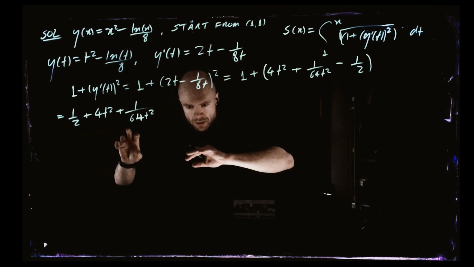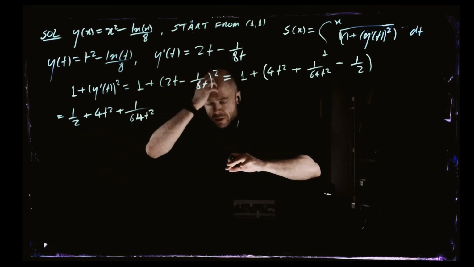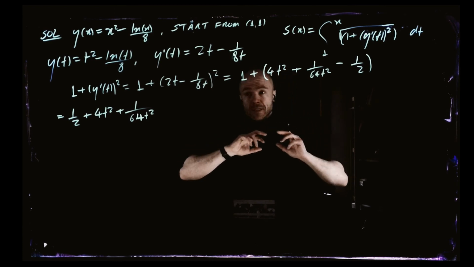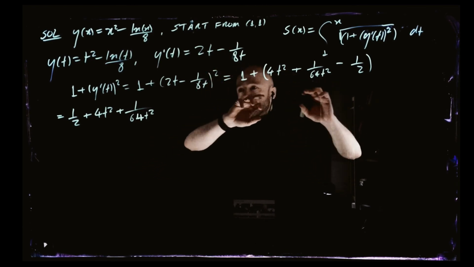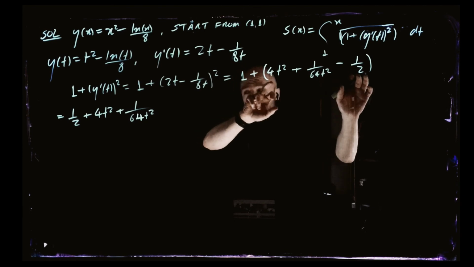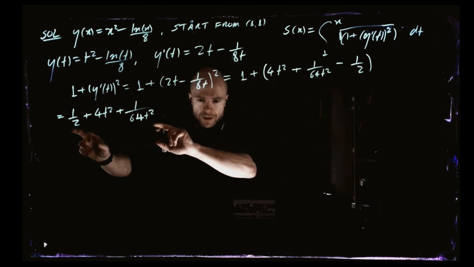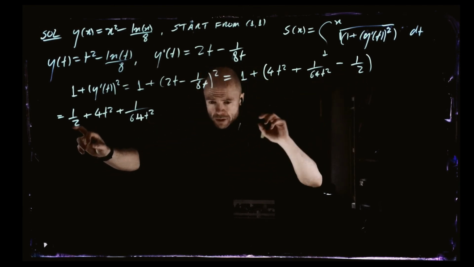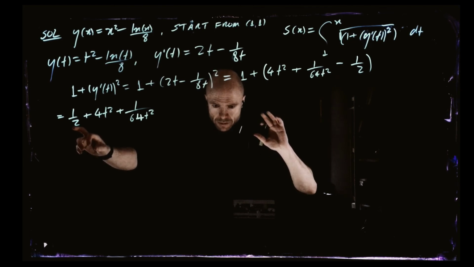Yeah? And what you will hopefully guess is that given that when we squared out this expression, we got this thing, we end up with something very similar here, yeah? Except the minus a half goes to plus a half. Yeah?